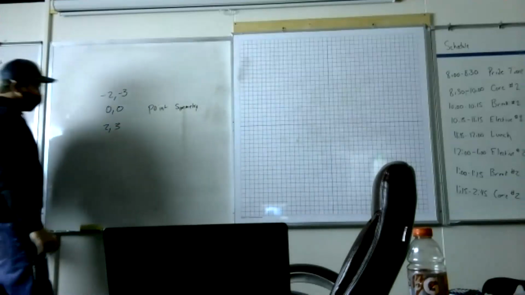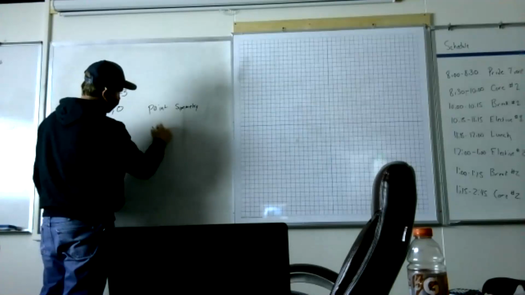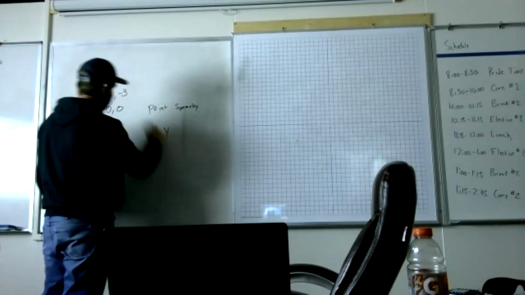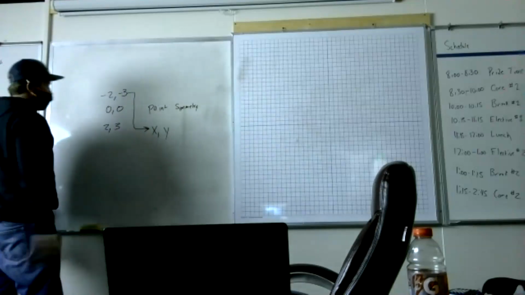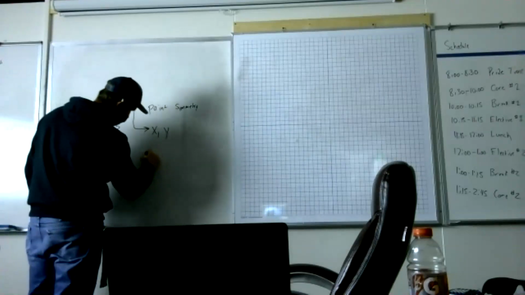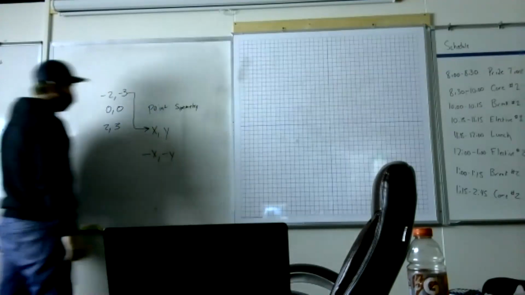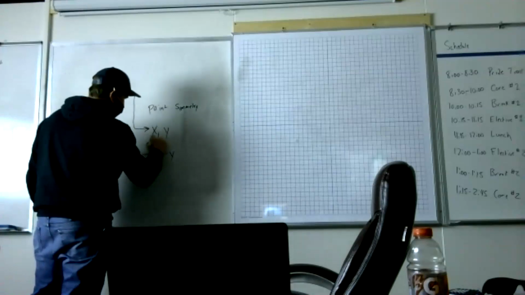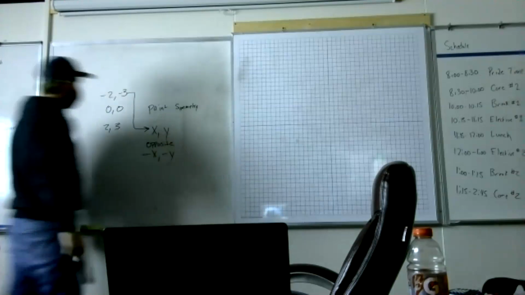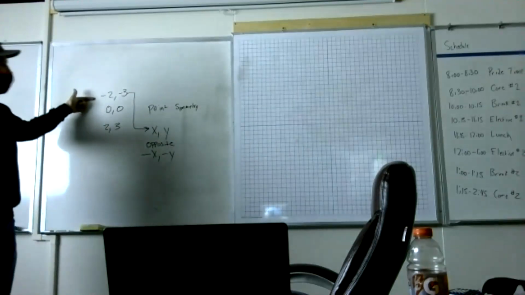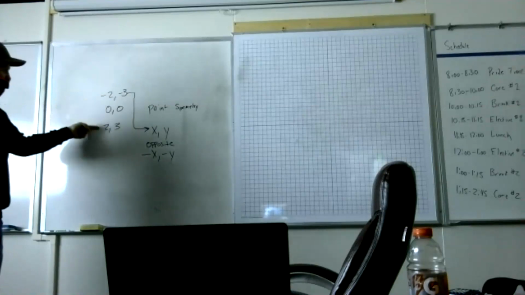Or in other words, if the given point is x, y, it'll have point symmetry if you equal negative x, negative y, or the opposite. Okay, this was negative 2, 3. I go to the opposite for both my x and y values, I get 2, 3.